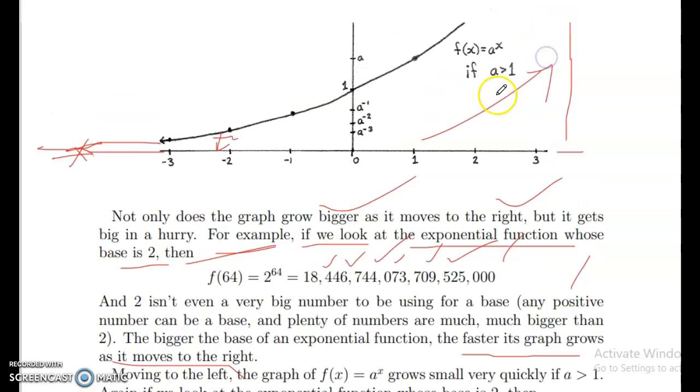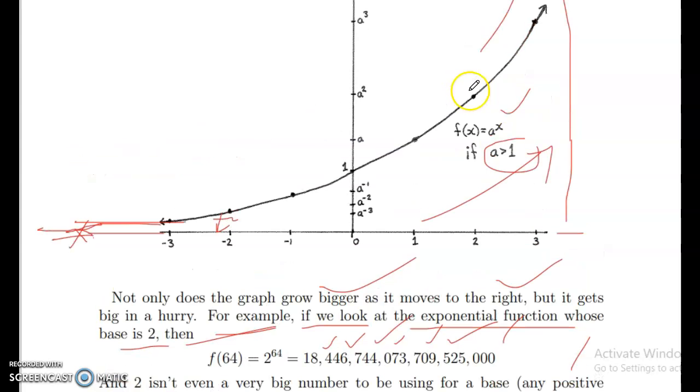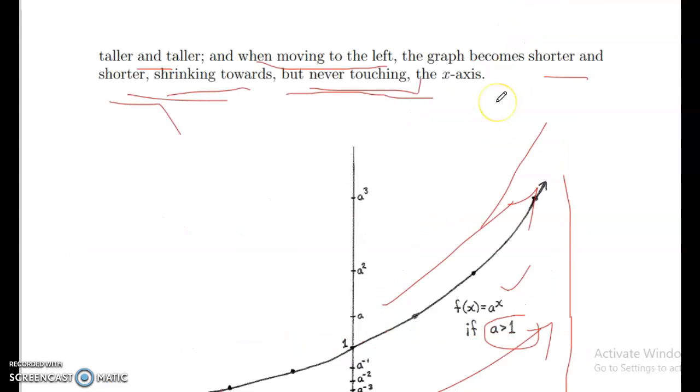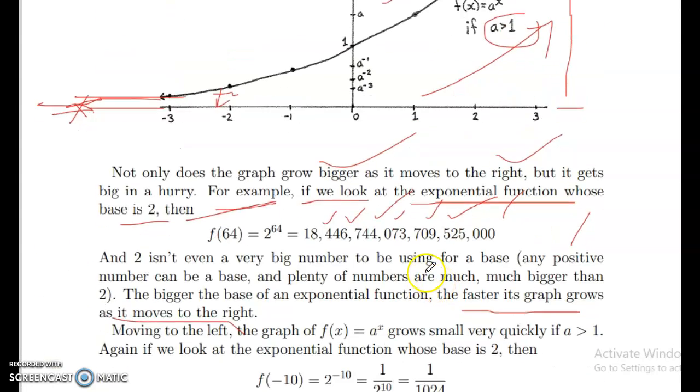As already mentioned, for f of x equals a power x, if a is greater than 1, the graph goes taller as it moves to the right.